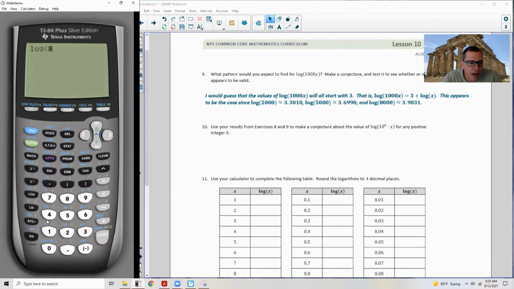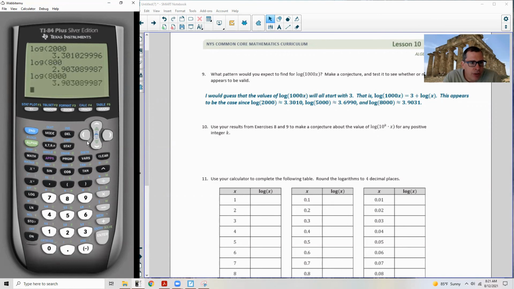Okay, so that's what the solution here is basically saying. If I take the log of 2000, 3 zeros, it's 3 point something. All right, log of 5000, log of 8000. So if I take the log of 8000, that's 800. So notice that the ones position is a 2 because there are 2 zeros. That was a mistype.